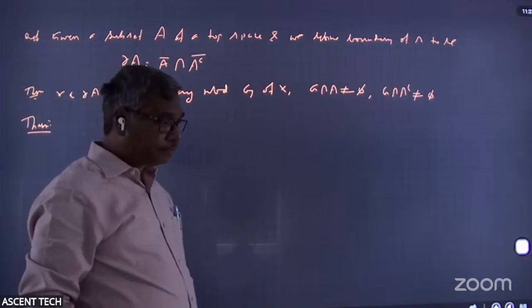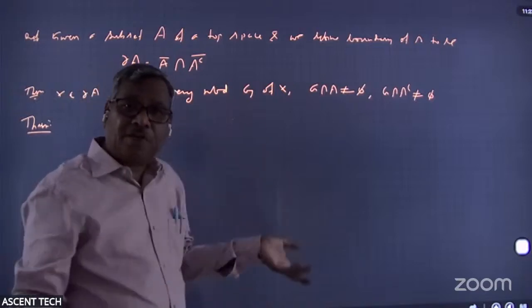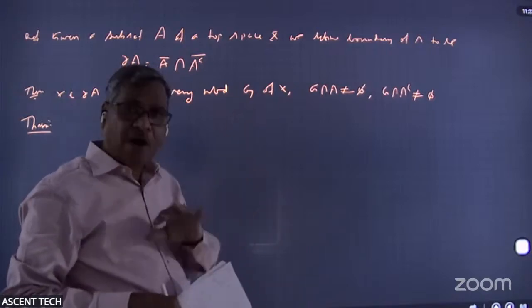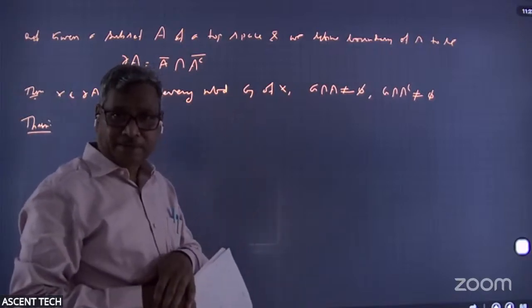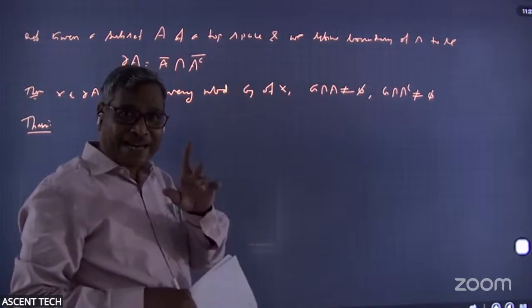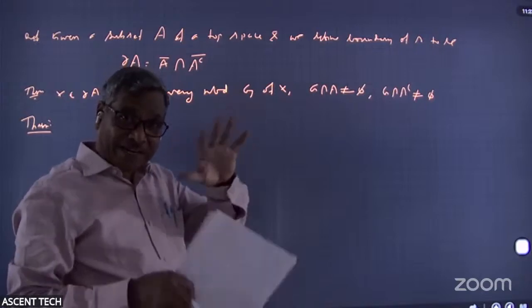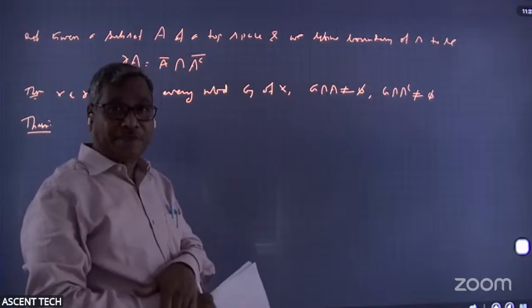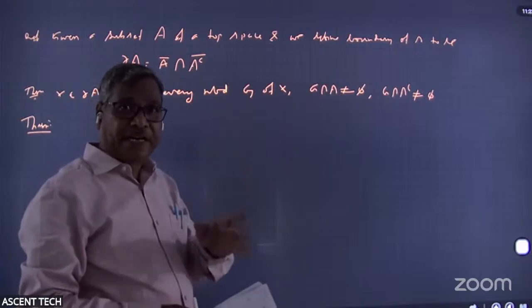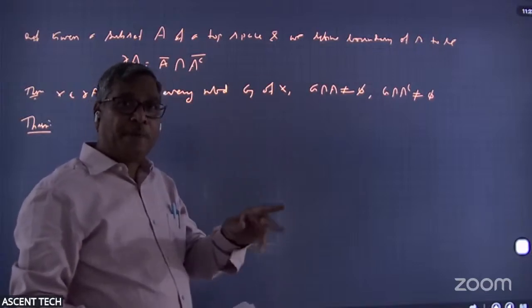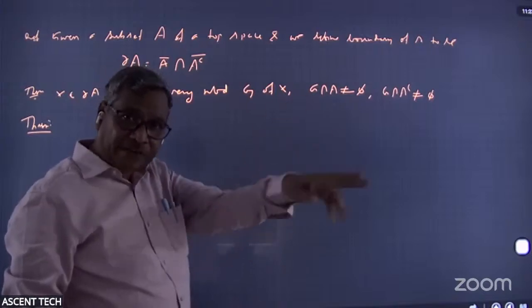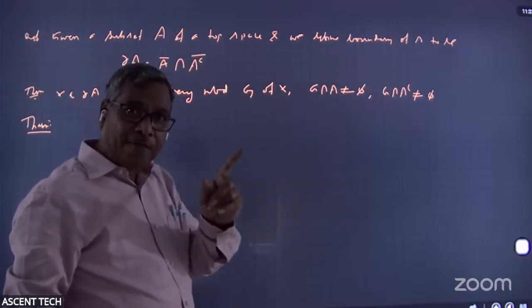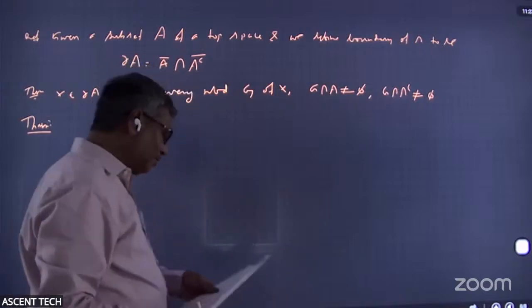You know what? If I take any collection C of subsets of X which satisfies all these three properties, then the collection of all complements of the sets of the given collection forms a topology. It's very easy to see that.